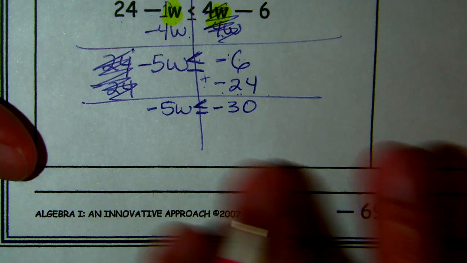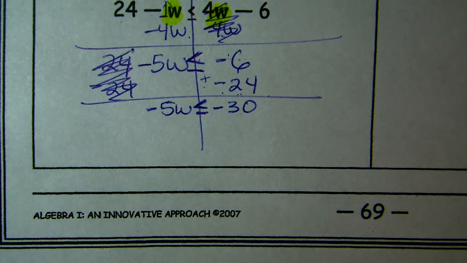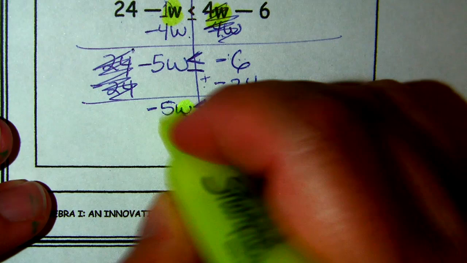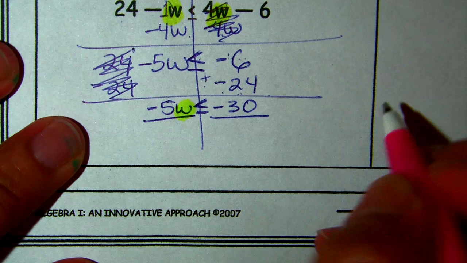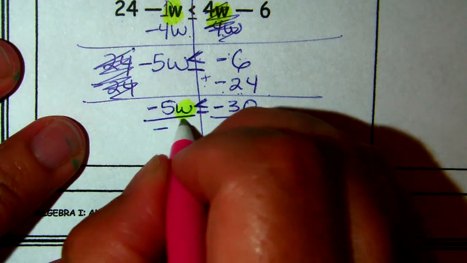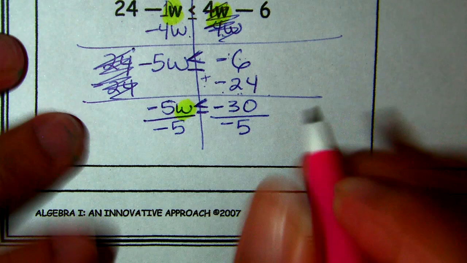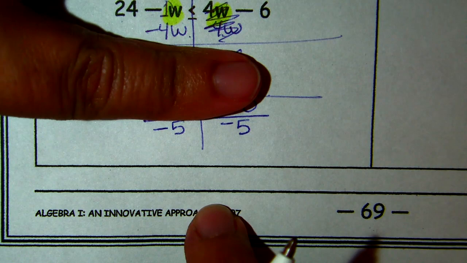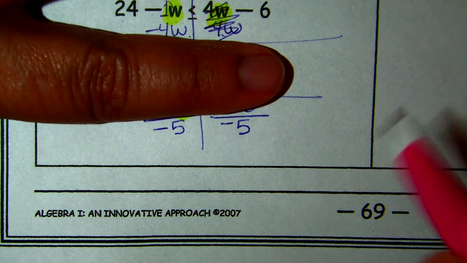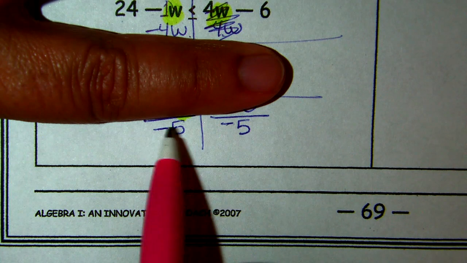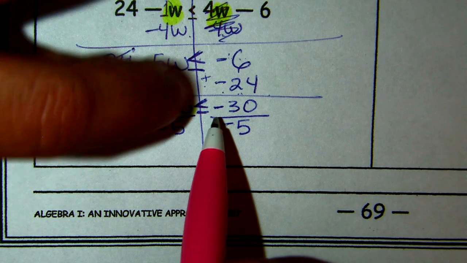Okay? We're solving for w. So what do we do with the negative 5? We divide by negative 5, negative 5. Notice how I'm covering the part on the top. I do that on purpose. Do we have negatives? Yes.